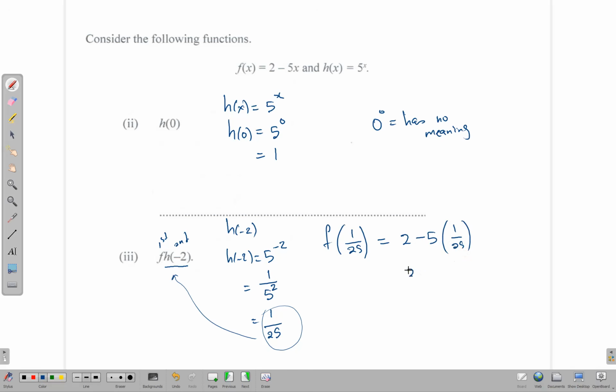Running this calculation gives us 2 minus 5 over 25, which is the same thing as saying 2 minus 1 over 5. And once you punch out this calculation, or do it mentally, the answer is 1 and 4 over 5. Alright, so we have found the compound value f of h of negative 2.